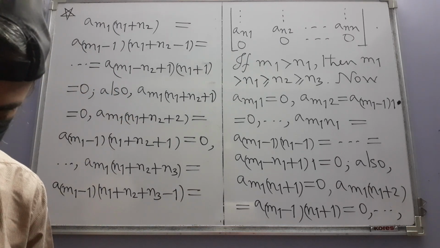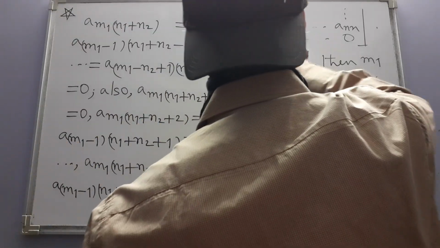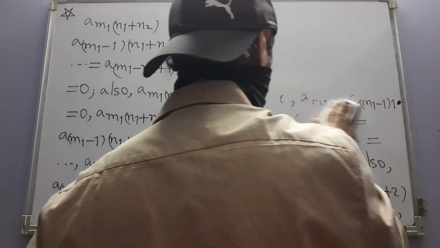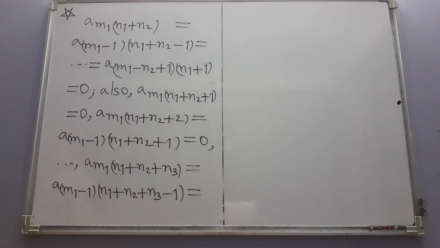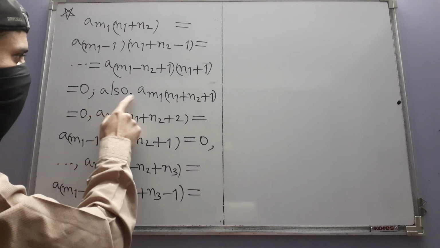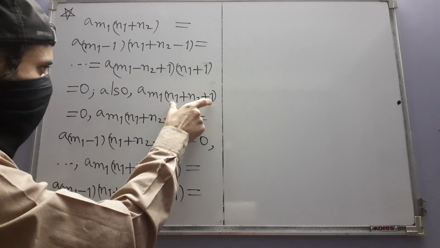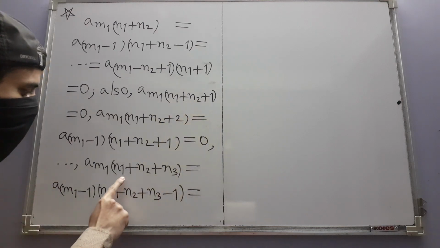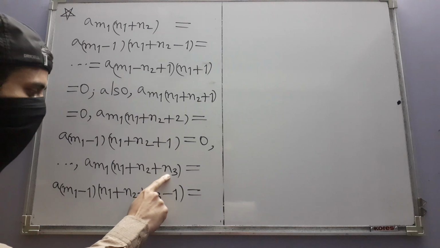Okay, so this time in this third 1/3 of the calculation, after that also, we want the second index to now be n1 plus n2 plus 1. But what do we have here? We have n1 plus n2 plus n3.